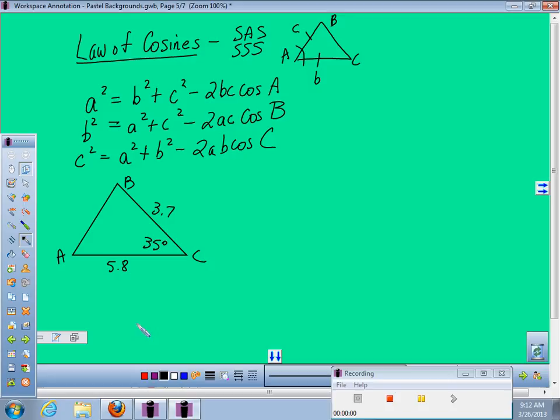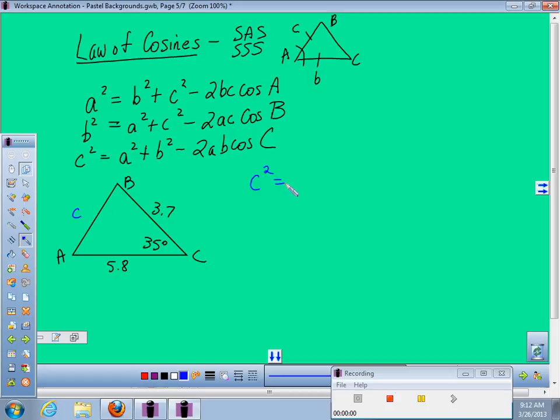A side-angle-side. Side-angle-side, it's law of cosines. Anytime it's side-angle-side, there's only one thing you can go find, and that would be the third side. So you'll always have to find the other missing side first. We're going to have to solve for side C first.